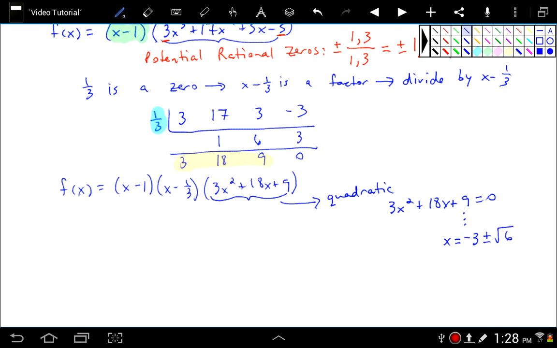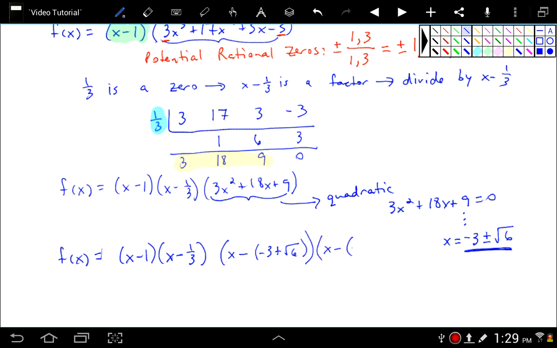So now we can come back. If I were to factor this, I have x minus 1 times x minus 1/3 times, I have two zeros out of this, x equals -3 plus the square root of 6. So that means one of my factors is x minus -3 plus the square root of 6. I also have -3 minus the square root of 6. So one of my factors is x minus that.